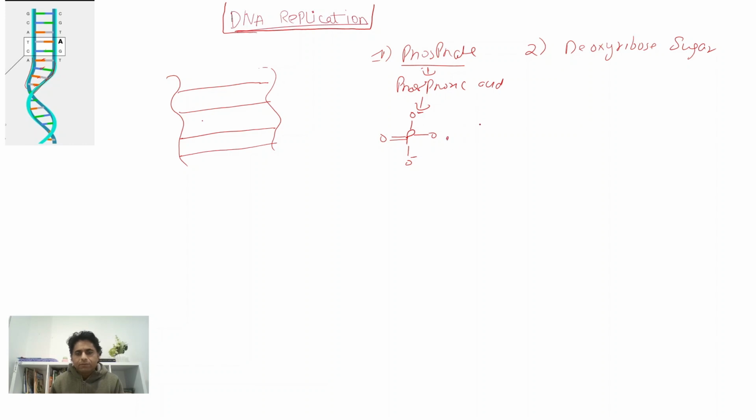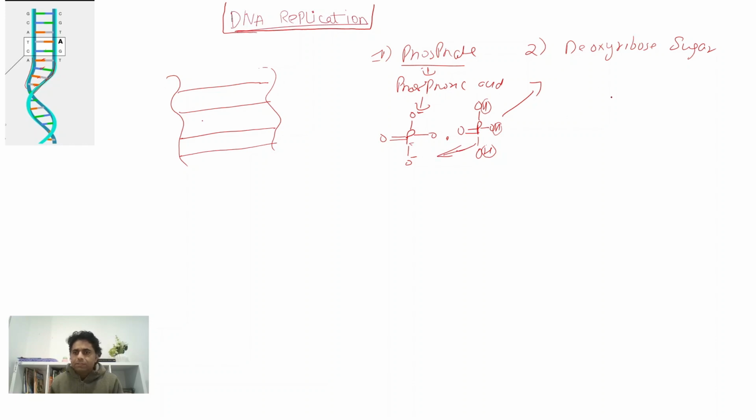But basically the phosphoric acid structure is OH, OH, OH, and double bond O. And when this phosphate group combines with the deoxyribose with the phosphodiester bond, these hydrogens get released. Okay, at the end we get this kind of structure.